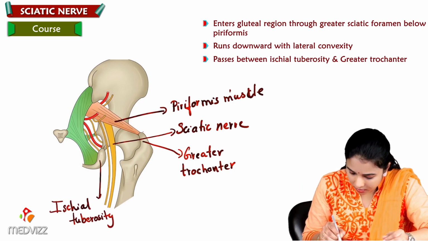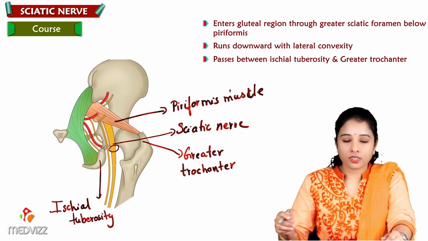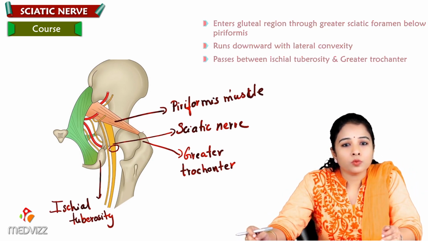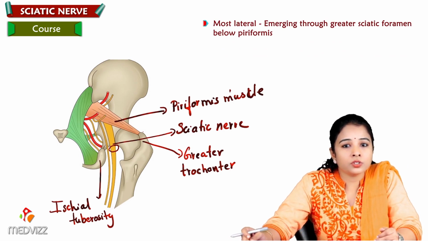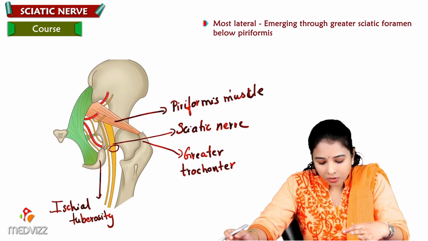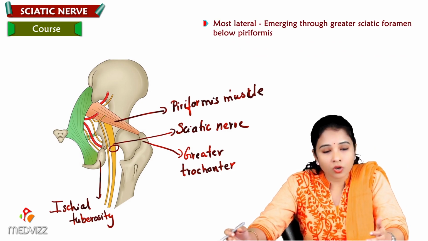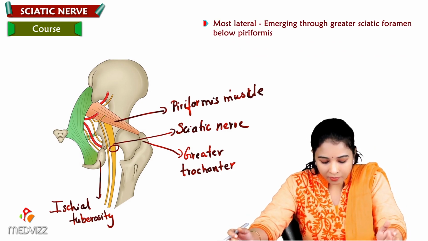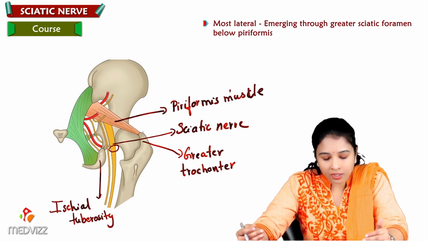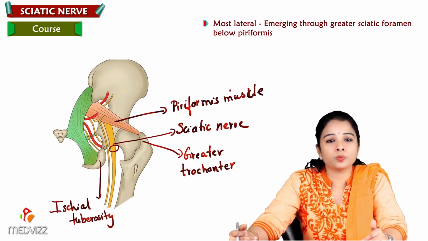What you are seeing, this one is the sciatic nerve. It is the most lateral structure emerging through the greater sciatic foramen below the piriformis. Here the gluteus maximus and gluteus medius are all removed to expose only the piriformis and the structures coming underneath it and superior to it.